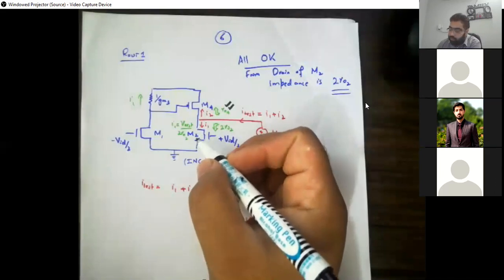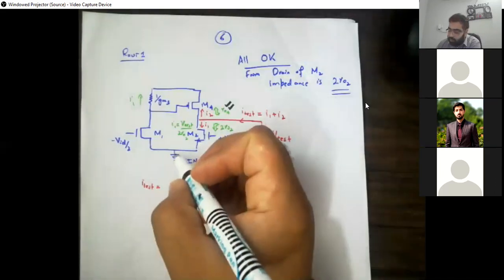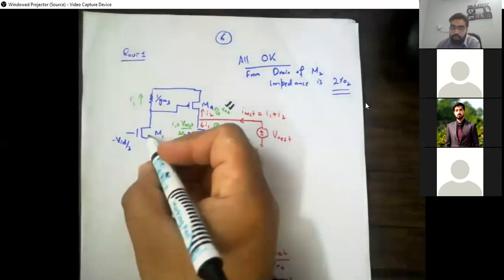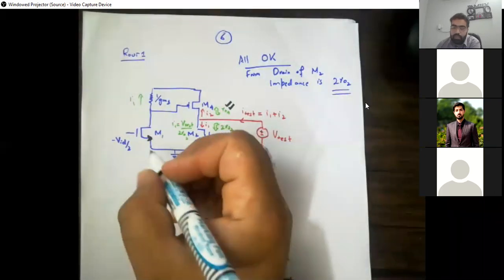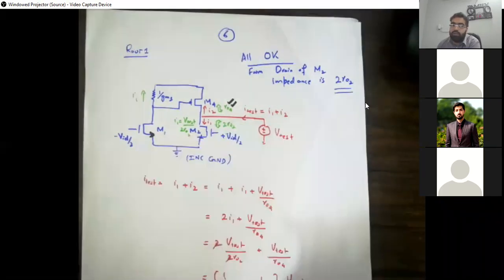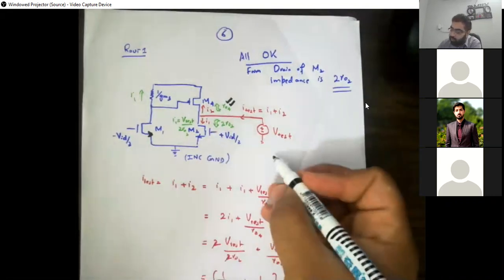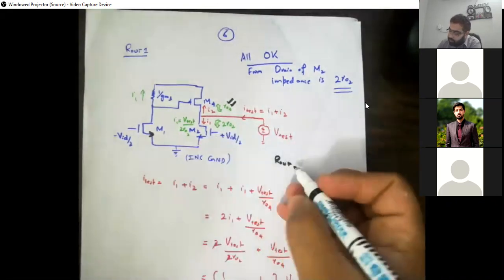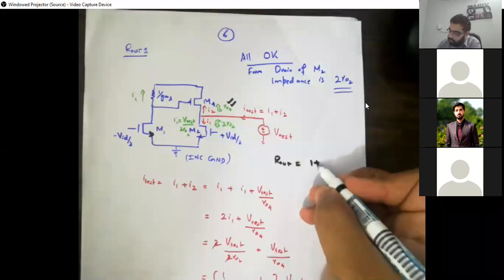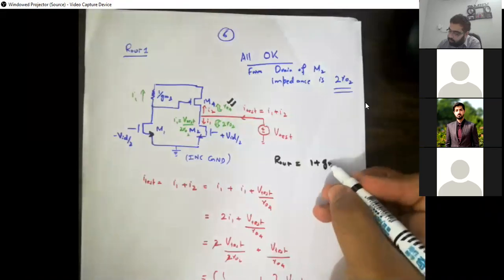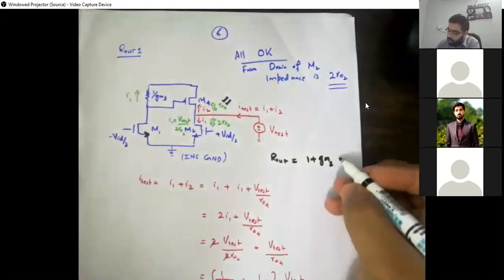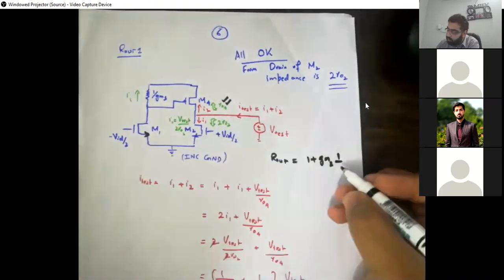Why? If you look at this, this point is now incremental ground. So this means this is connected somehow to this point, okay? And this is connected to this point, so what's happening? It's a common source with degeneration, right? So if this is a common source with degeneration, and we want to find the impedance here, R out at this point, then the impedance will be 1 plus GM, if this is GM2, times whatever RS is from here, and RS in this case is 1 over GM1.